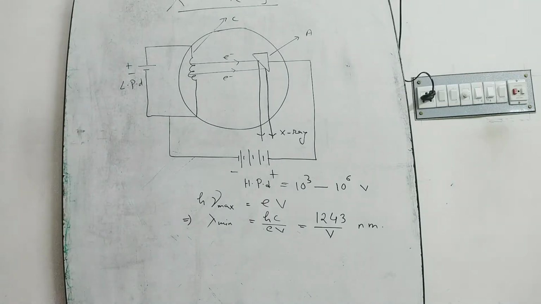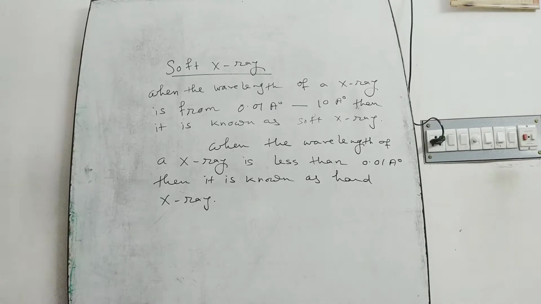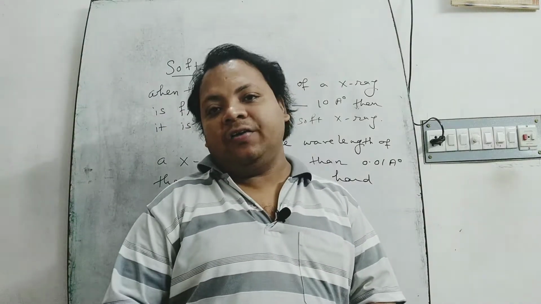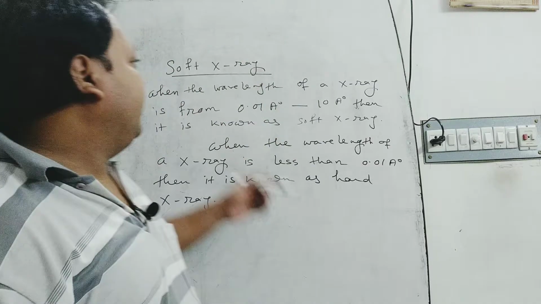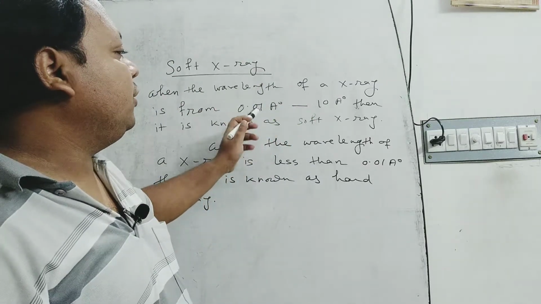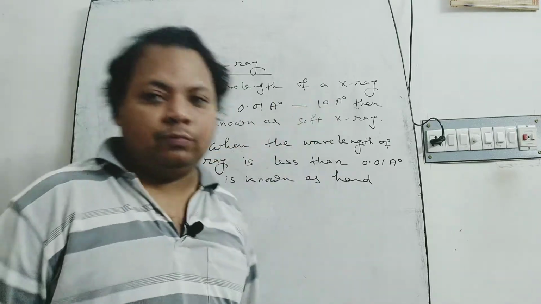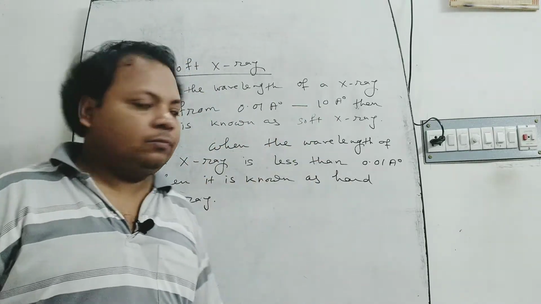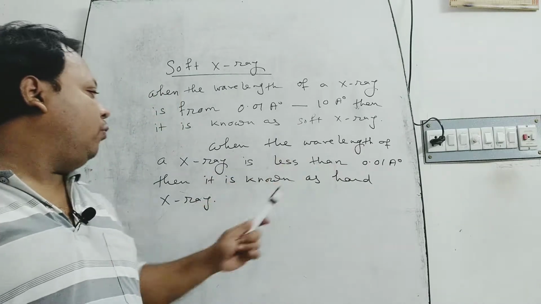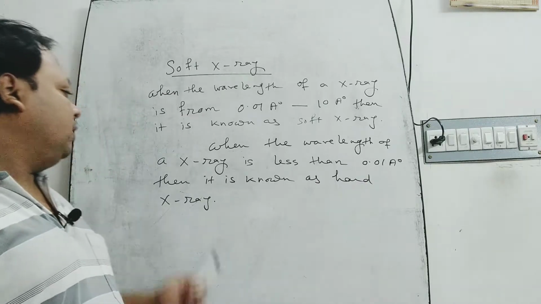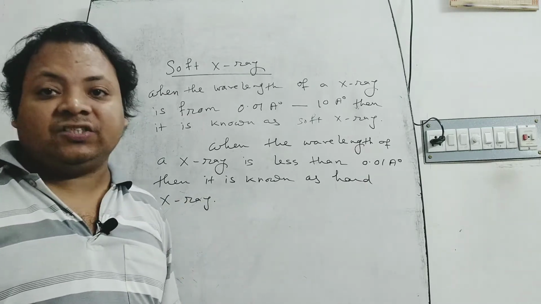Next, soft X-ray and hard X-ray. When the wavelength of an X-ray is from 0.01 angstrom to 10 angstrom, then it is known as soft X-ray. And when the wavelength of an X-ray is less than 0.01 angstrom, then it is known as hard X-ray.